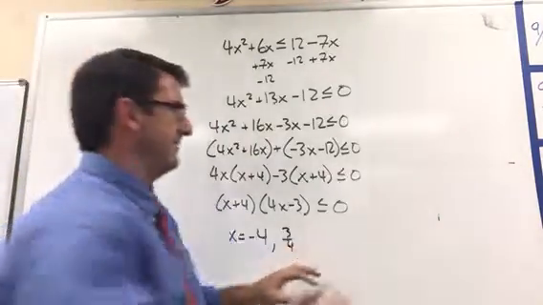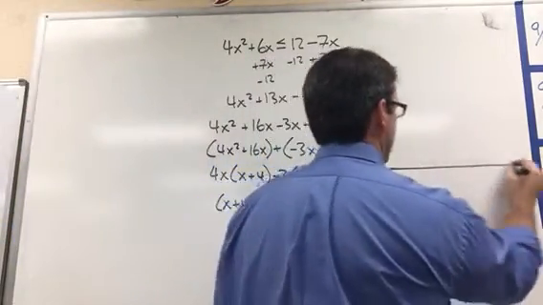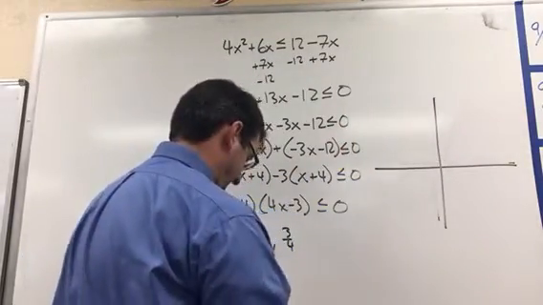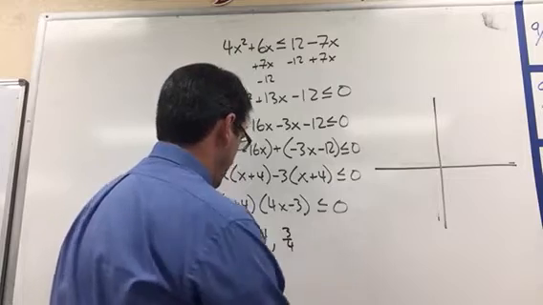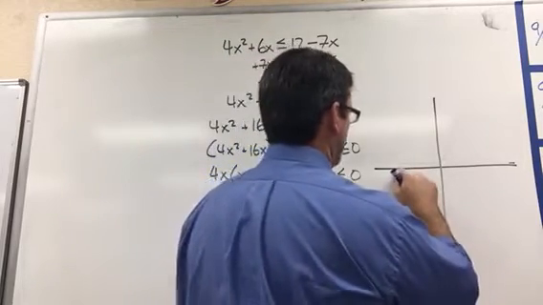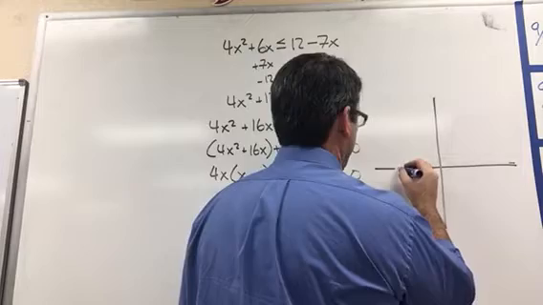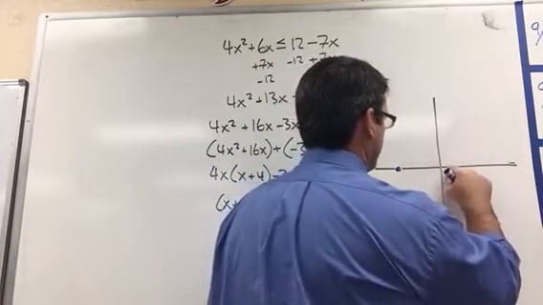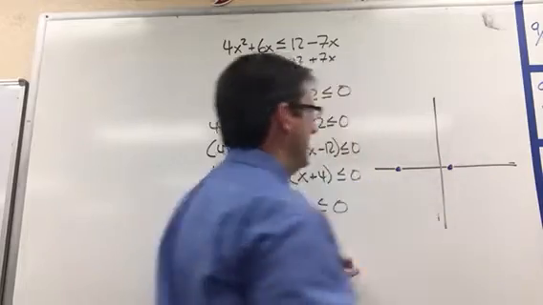So let's sketch a graph of this. We're going to have zeros at negative 4, so let's put that right about there. And we're going to have a zero at 3/4, so let's put that right around there.